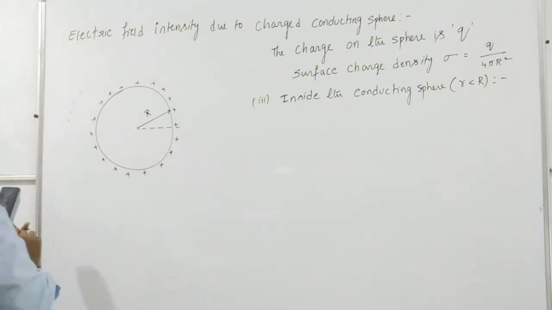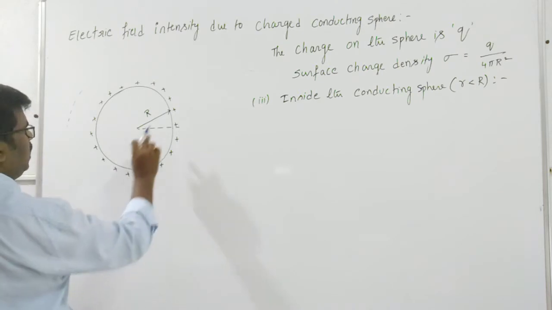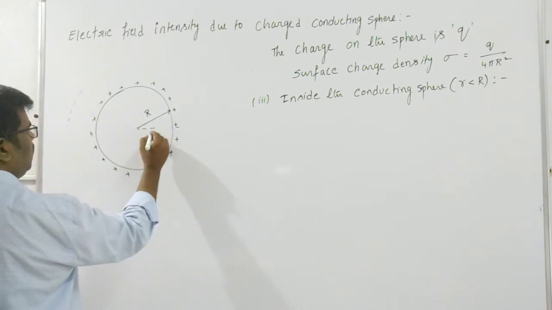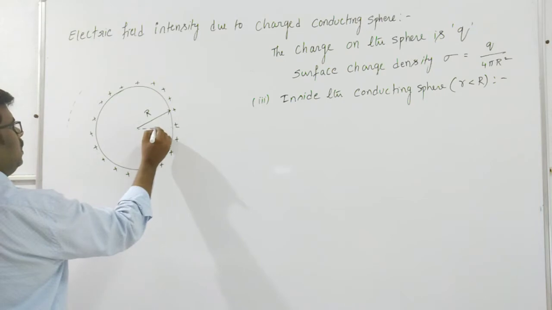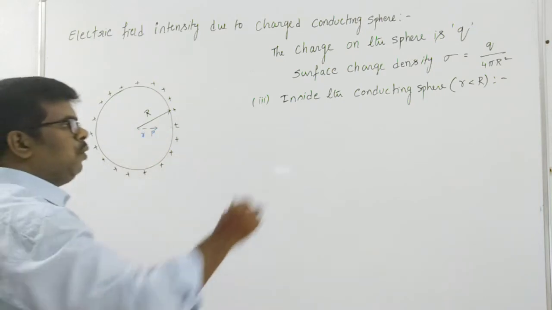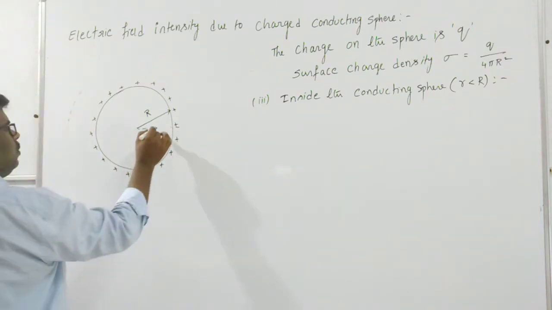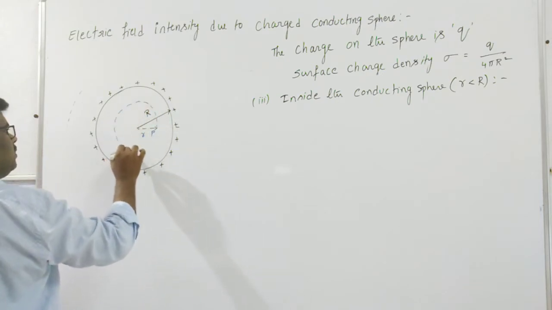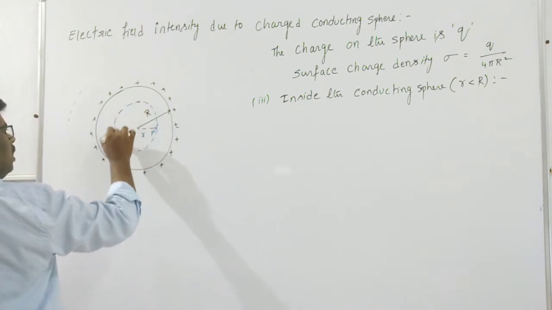This is the point P, where small r is less than capital R. So we need to construct one Gaussian sphere taking the radius as small r.